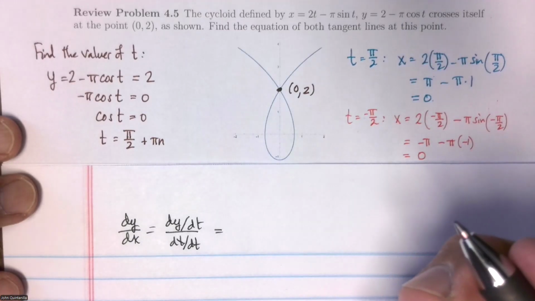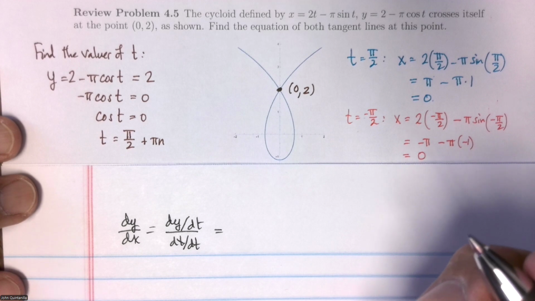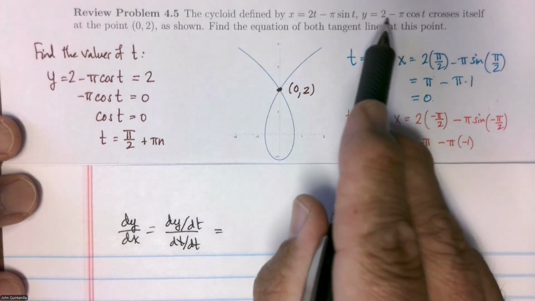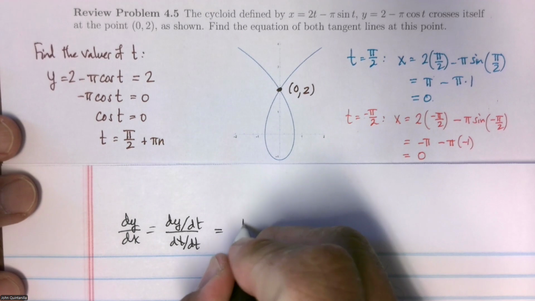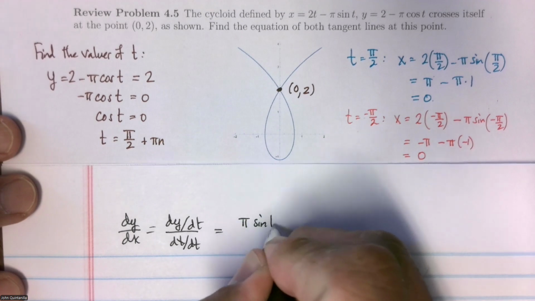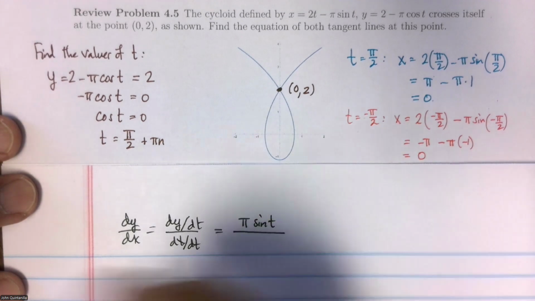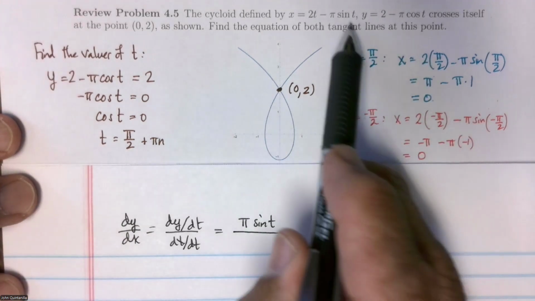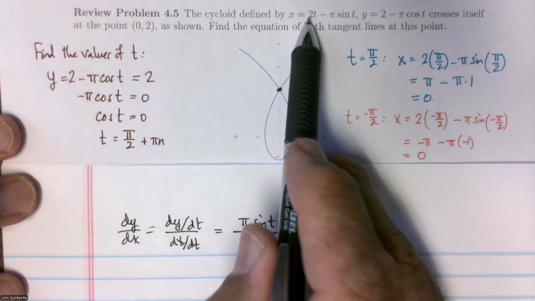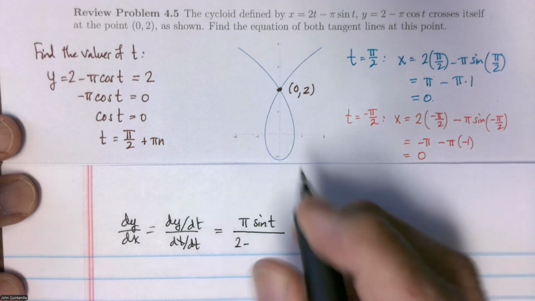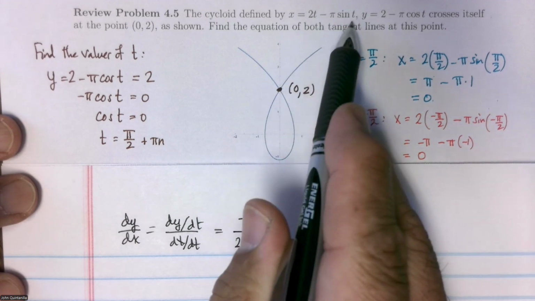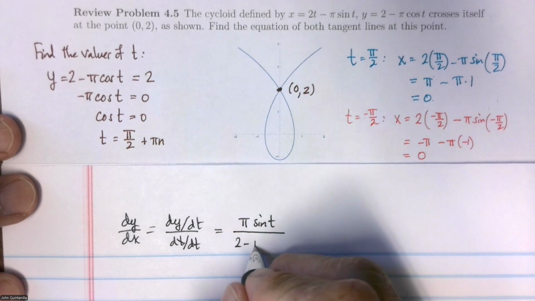So I would get that dy/dt is going to be pi times the sine of t. Okay, the derivative of x with respect to t: here I would have 2 minus the derivative of sine, which is cosine, so pi times the cosine of t.